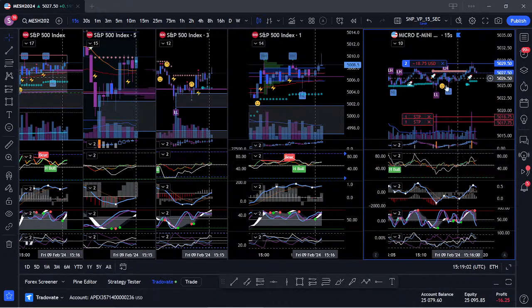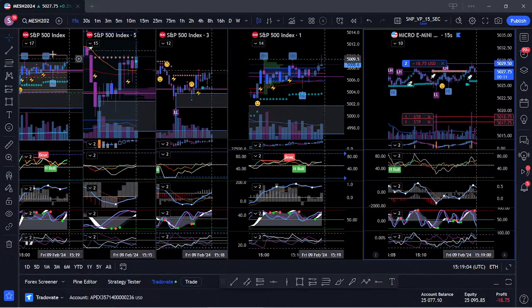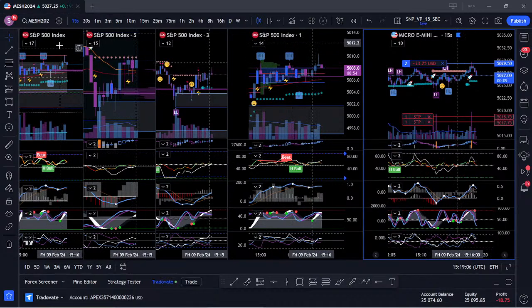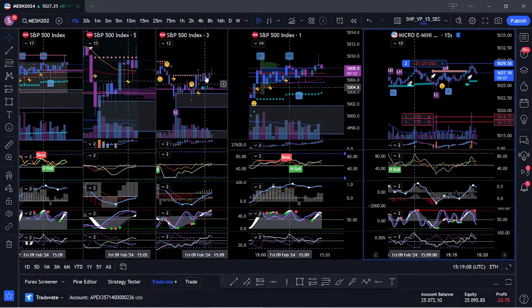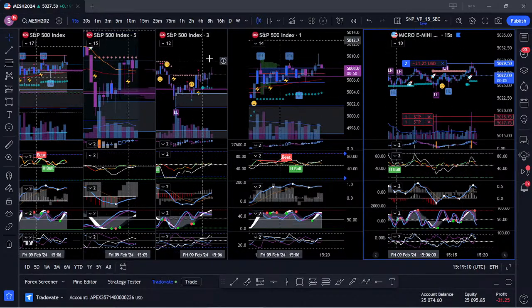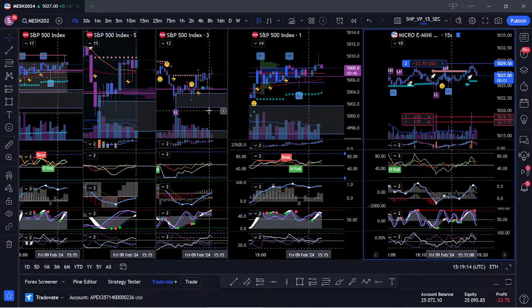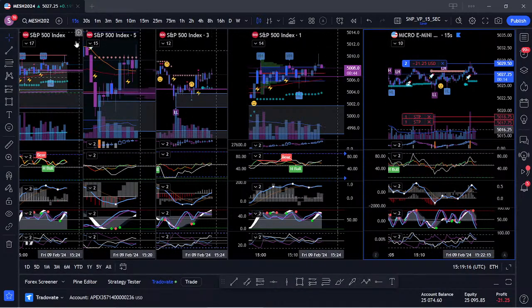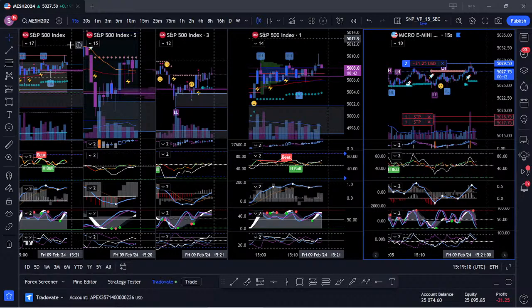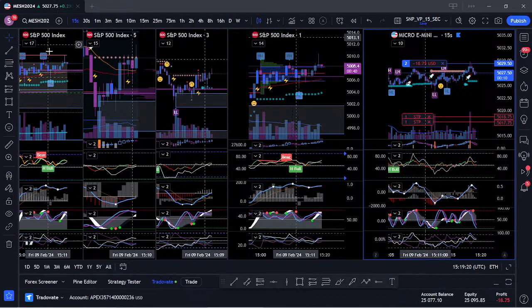So this is a breakout, representing a 15 minute lower high. On 3 minutes it's not good because it represents a higher low, because we're going lower low, higher low. On 15 minutes it's lower high. Sorry, higher high, higher low.